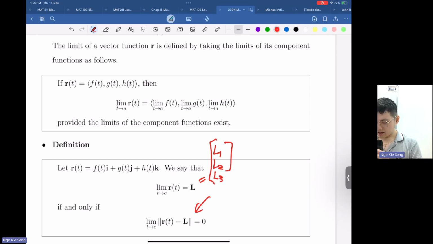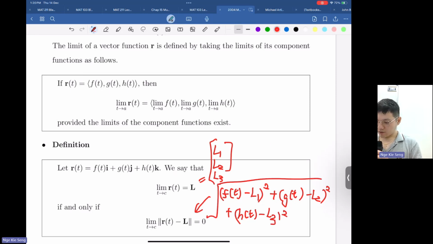So this norm here is just FT minus L1 squared plus GT minus L2 squared plus HT minus L3 squared. So this one should be FT in the first component. Second component is GT. And then third component is HT. And then you take the square root. And then this is what we call the Euclidean norm.